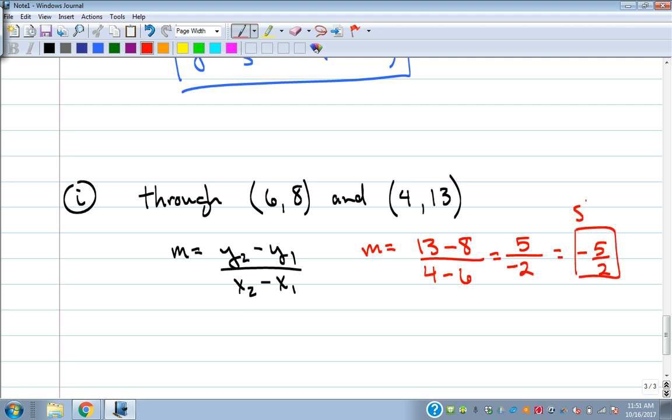That's my slope. Now, with point slope form, you can use either of the ordered pairs. It doesn't matter which one you use. Just pick one of them and use the slope you found and one of the ordered pairs. It does not matter which one. I'm not going to be picky on which one. Okay?